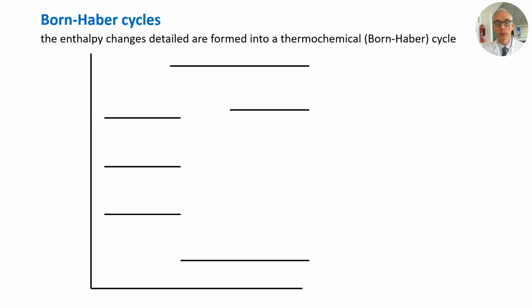So I've put out a sort of a framework. I'm going to put in some changes which we then need to define. So the first change I put in is sodium and chlorine going to form 1 mole of sodium chloride. Pause and identify that enthalpy change.